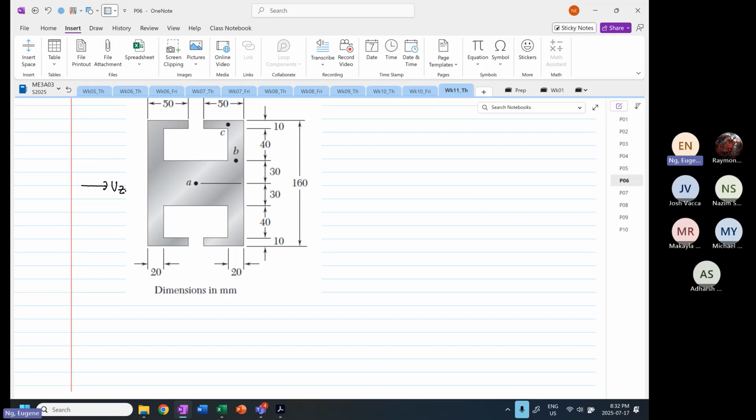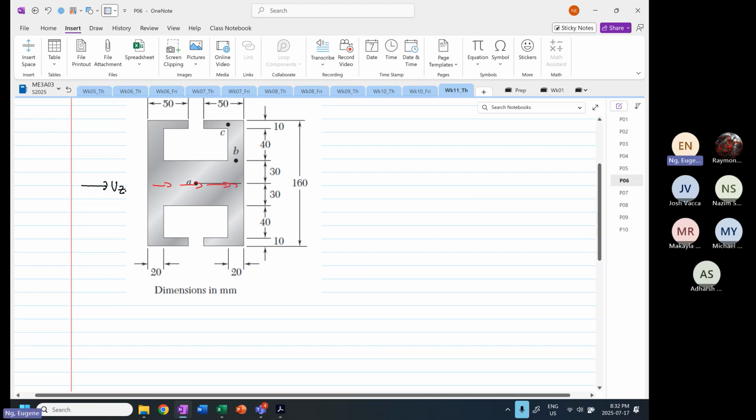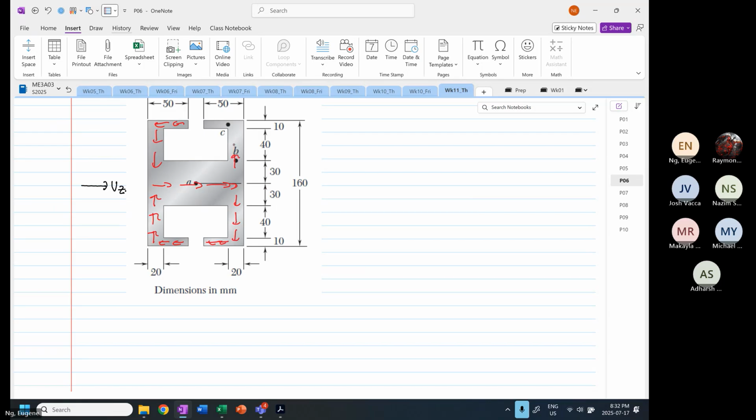Okay, so we are going to design the shear flow again, right? Okay, so point A and point B are still thin wall. Point A is thick wall.